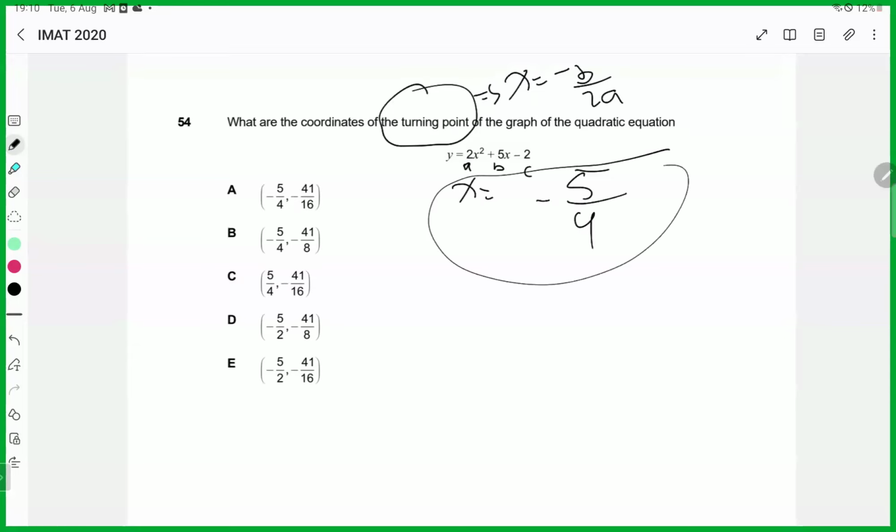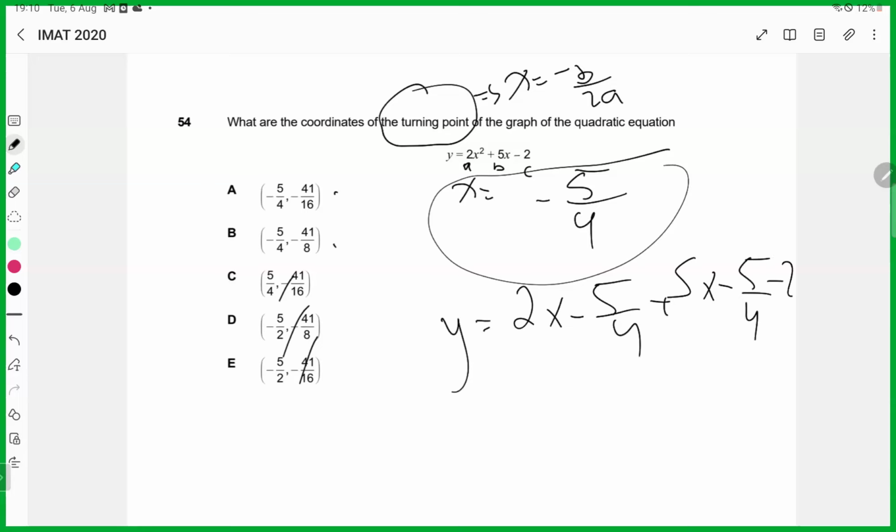So it's either a or b. These we can eliminate. Now we already have the x. We just replace it in the equation. So y equals 2 times minus 5 over 4 plus 5 times minus 5 over 4 minus 2.